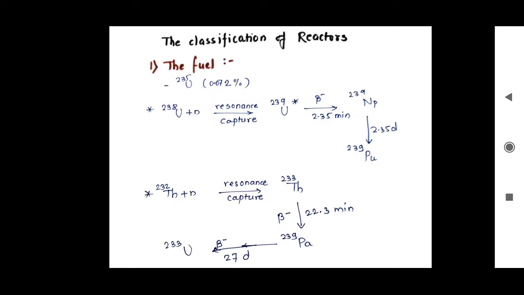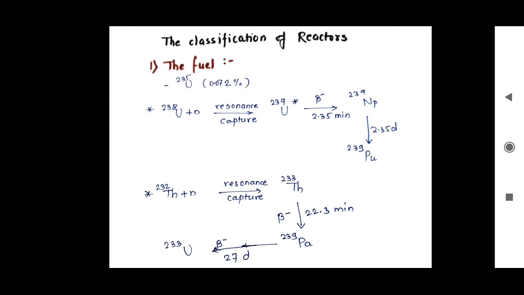The first point in the classification of reactors is the fuel. Depending on the type of fuel, the reactors are classified. When natural uranium is used, the reactor is called a natural uranium reactor, and the abundance of uranium-235 is very low.